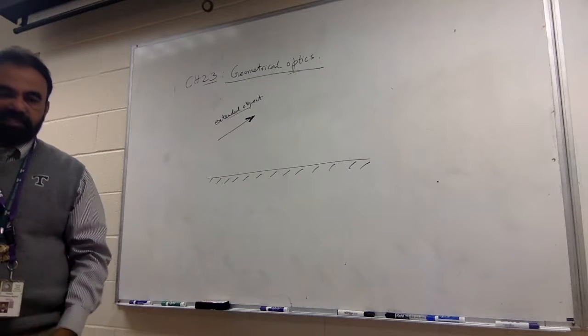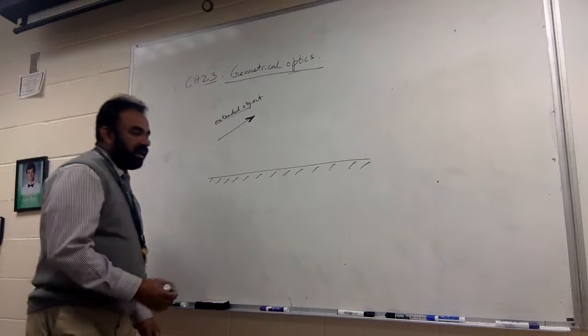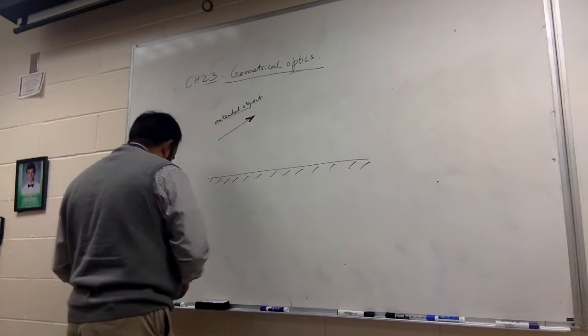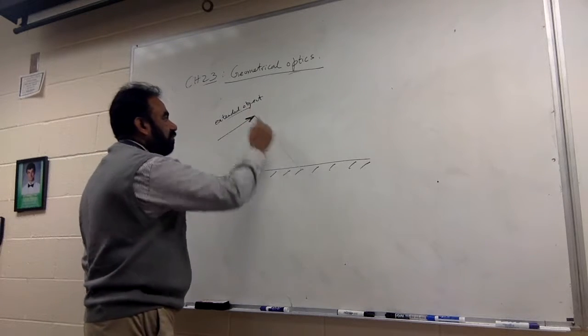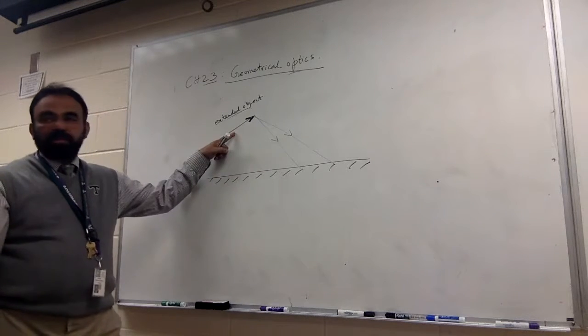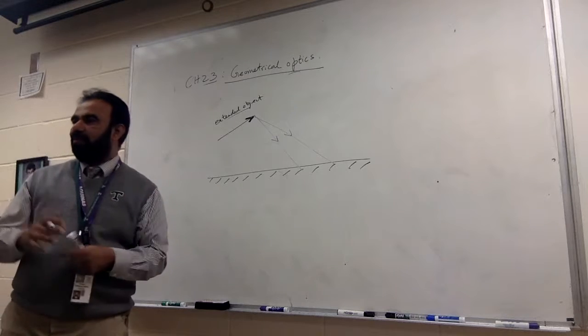It's an extended object, and then you look at the object through the mirror, how are the rays going to be formed? So you have two rays going from here. I mean, rays are going from everywhere, but we take the extreme points of the object in order to get the image.